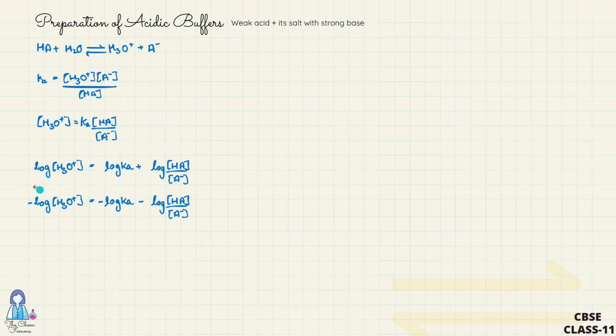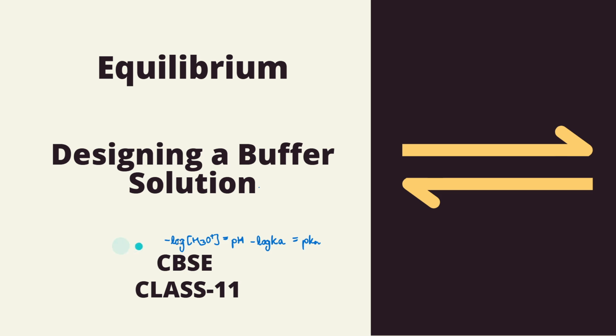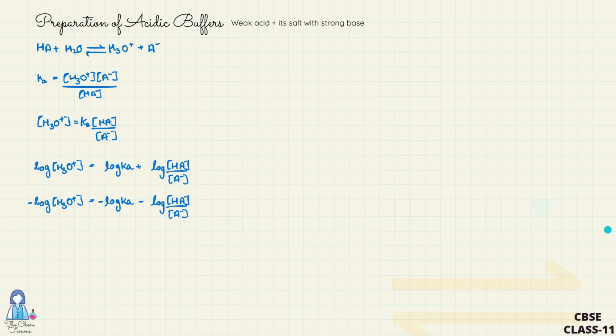And if you remember, minus log H3O plus is nothing but pH, and minus log Ka equals pKa. So that is exactly what we are going to do now. We're substituting minus log H3O plus with pH and minus log Ka with pKa. I'm actually going to separate these two because it's looking really bad.